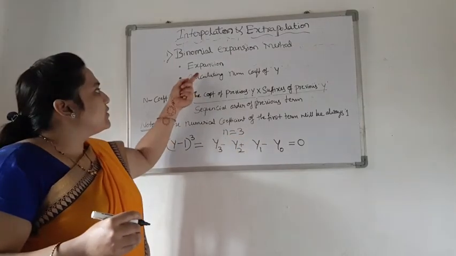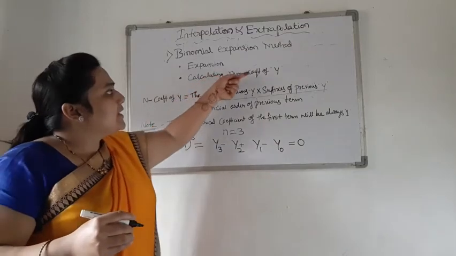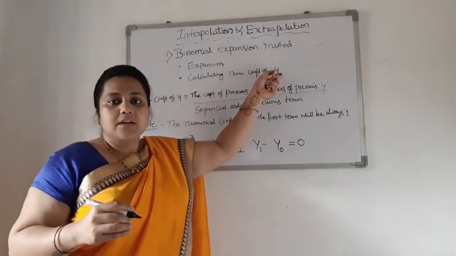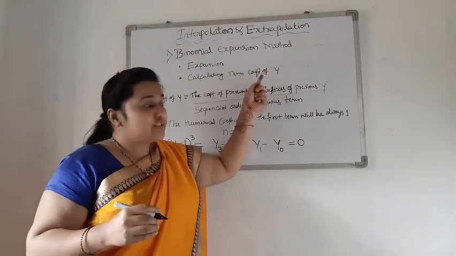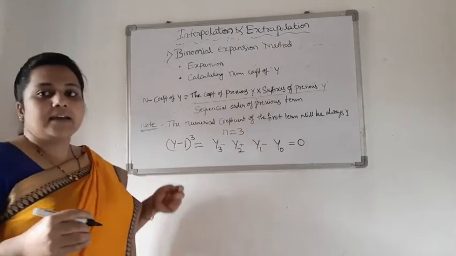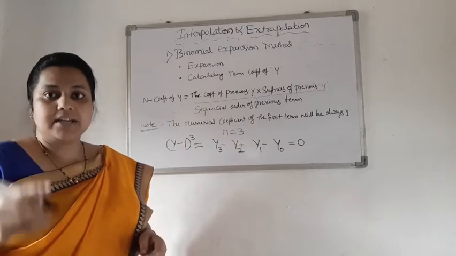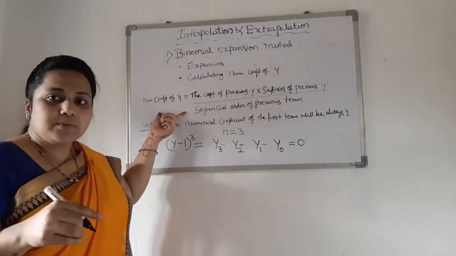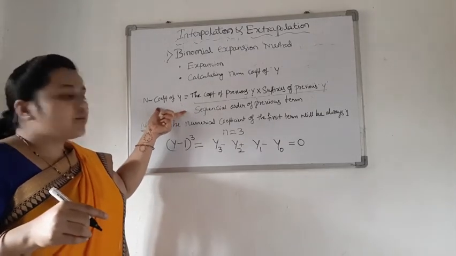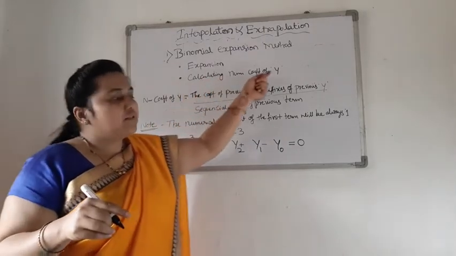Next we have to assign the numerical coefficient of y. To calculate the numerical coefficient of y there is a formula. In the first year you had Pascal's triangle. But in this year, in second PUC, you have a formula.